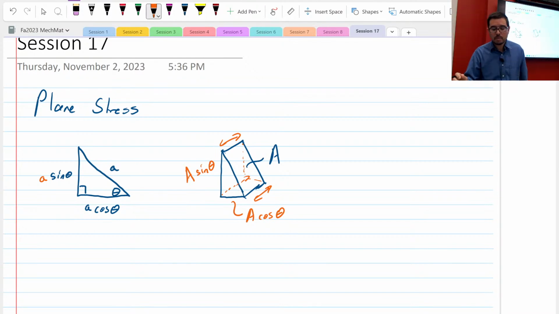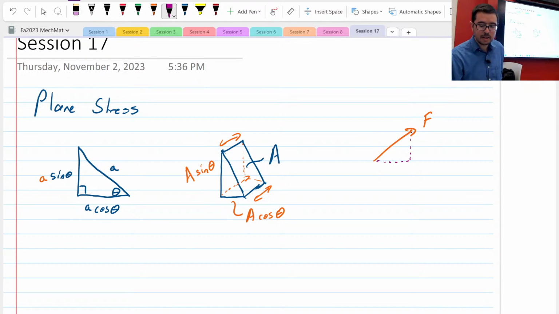The other principle we're going to use is maybe even more basic. Here's a force vector. If I divide it into its horizontal and vertical components, this is going to be F cosine theta, and this is going to be F sine theta.